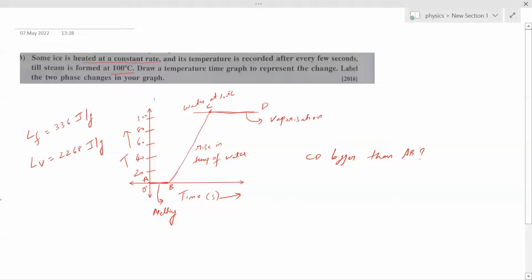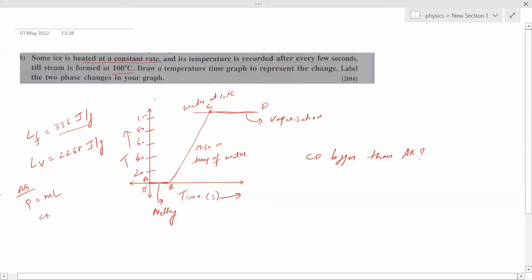So which will require more heat? During AB, the heat required will be Q equal to mL, but the value of L is smaller. And in case of CD, it's the latent heat of vaporization. So the value of Q will be more, na?